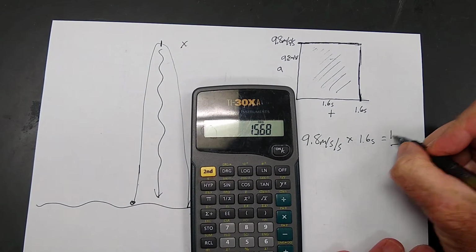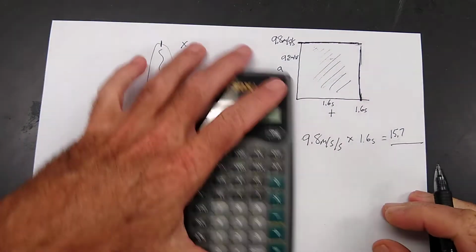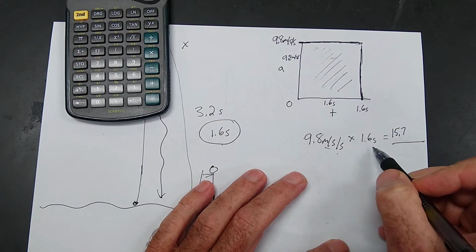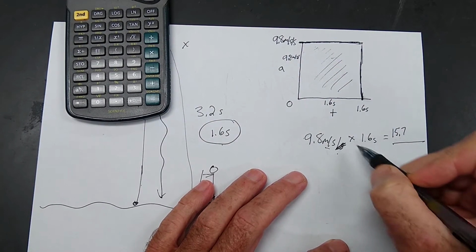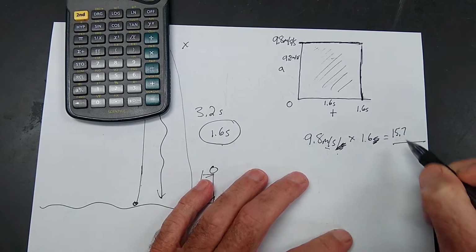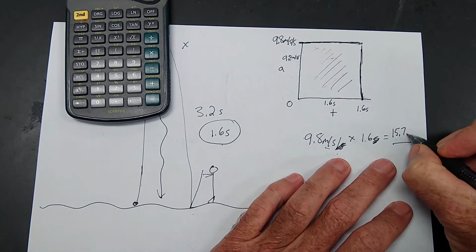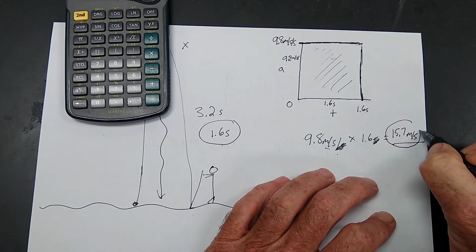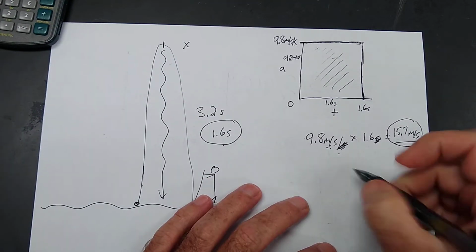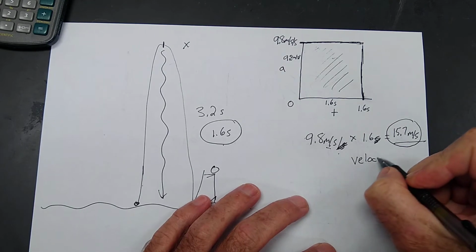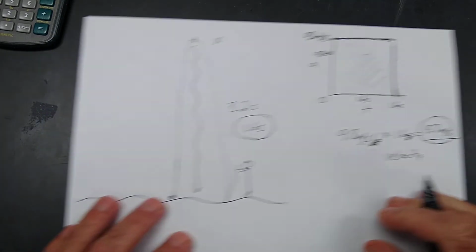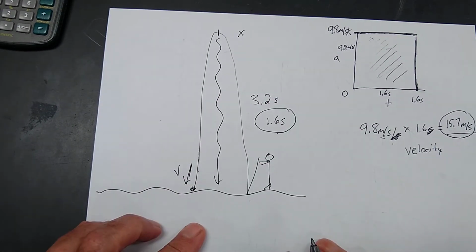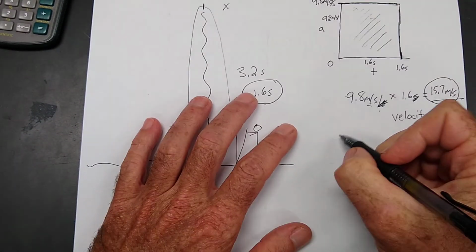I'm going to call it 15.7. And since it's meters per second squared times seconds, those seconds cancel out, and you get 15.7 meters per second. Guess what? 15.7 meters per second is a velocity. That is the maximum velocity this thing was going right before it hit the ground. Let's make that a graph.